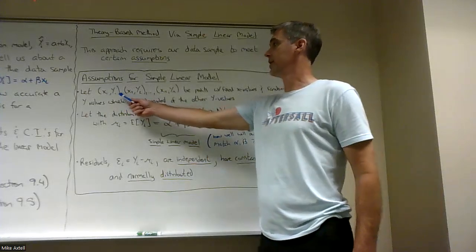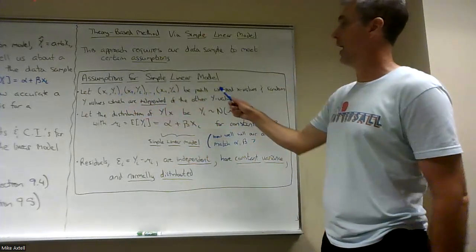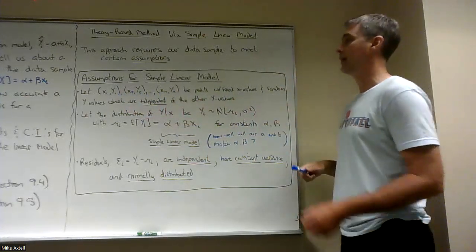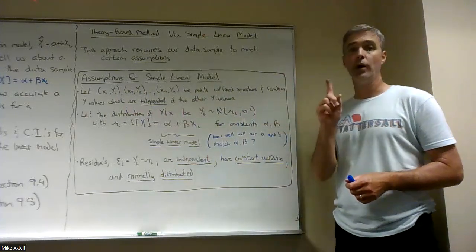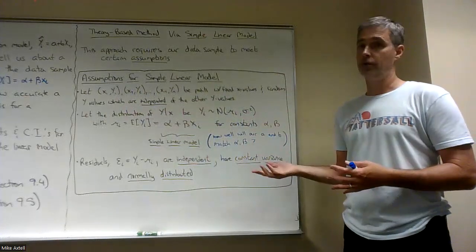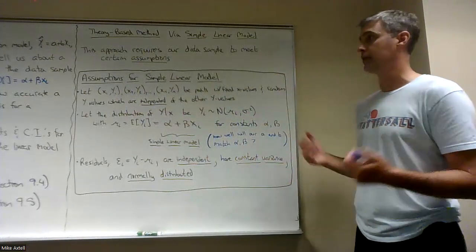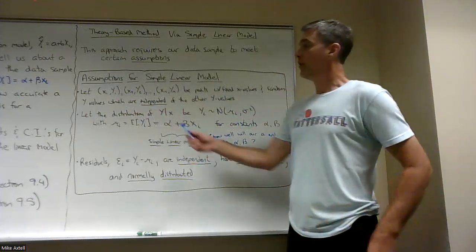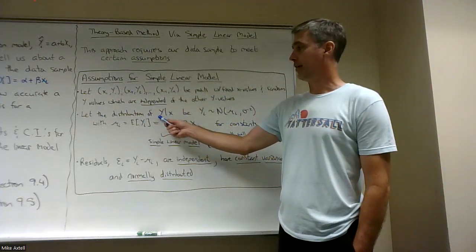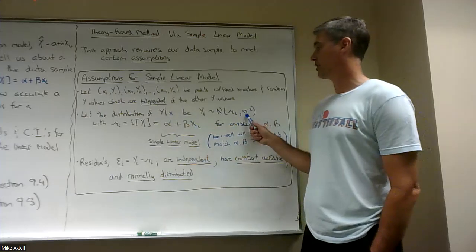I'm going to start with my data set. The x values are fixed and the y values are random, and they're independent of the other y values. So y1 is independent of y2, which is independent of y3, et cetera. The next assumption: the distribution of the y value given x is going to be normal.